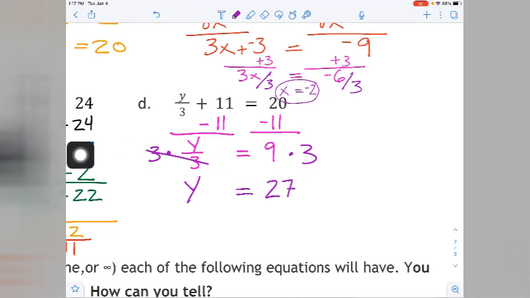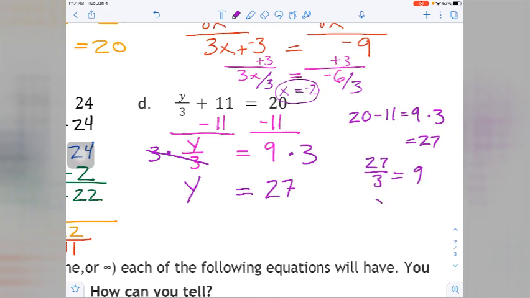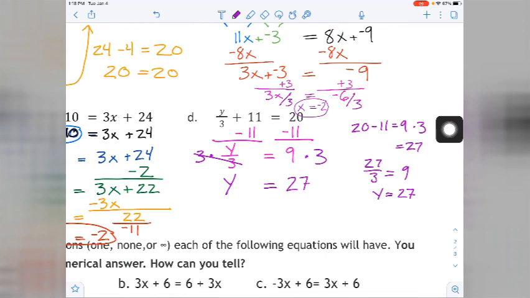But if you were able to solve this in your head, but you did something like 20 minus 11 equals 9, which is fine thinking, and then 9 times 3 equals 27, or if you said 27 divided by 3 equals 9, and therefore y equals 27, this is fine, but you're not actually showing me the simplifying steps that I want to see. You're not actually showing me that you understand the operations and inverse operations that you need to do. So you did not get the problem wrong, but you did not get the highly proficient points if you showed me that.